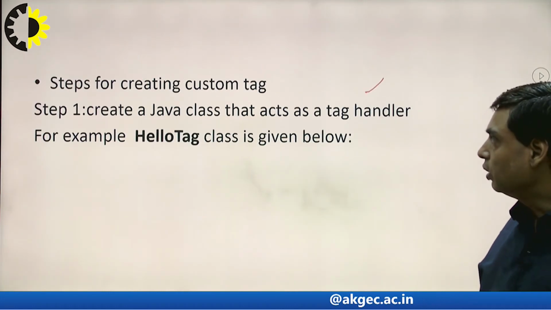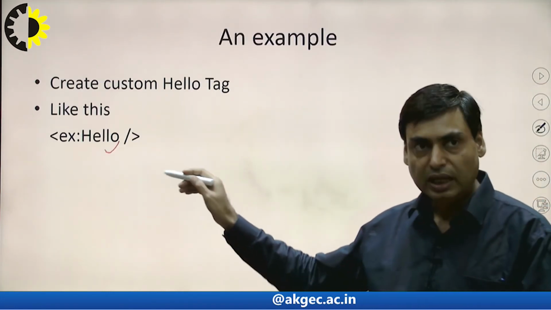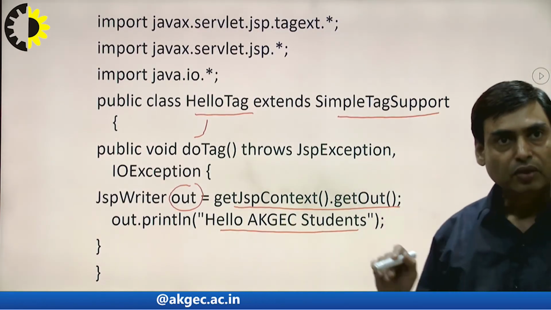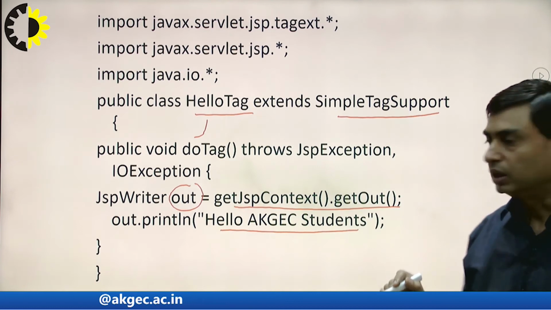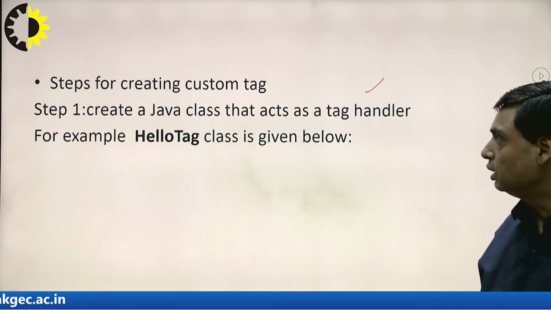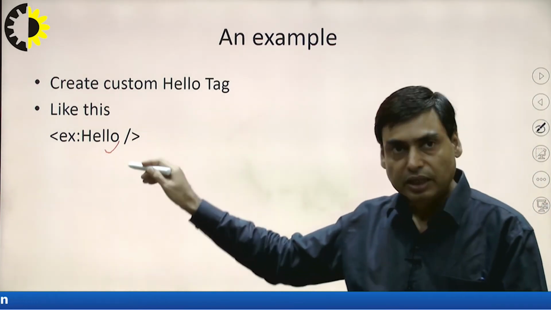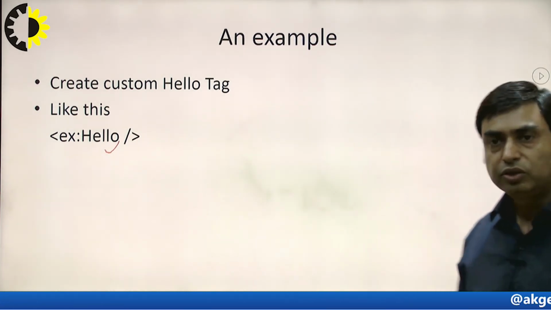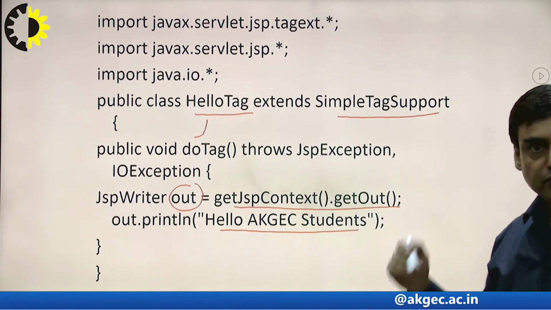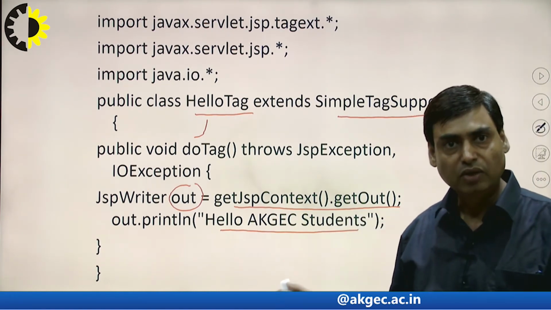You can see when we use this tag in our program, it will call this tag handler, and it will display the message hello AKGC students. So whenever we use this hello tag, it corresponds to the message hello AKGC students.